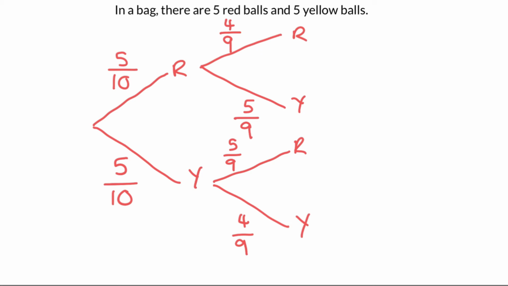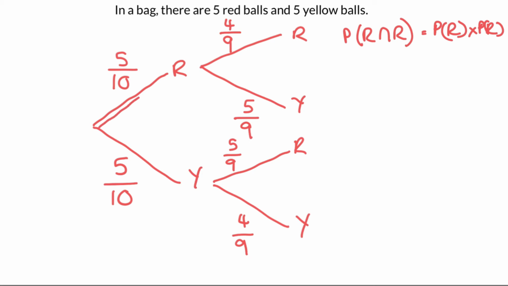But if we wanted to calculate the probability of both balls being red, we need to read across the branches to see what happens. So the event is that the first ball is red and the second ball is red. So we need to times the probability of the first one being red by the probability of the second one being red.